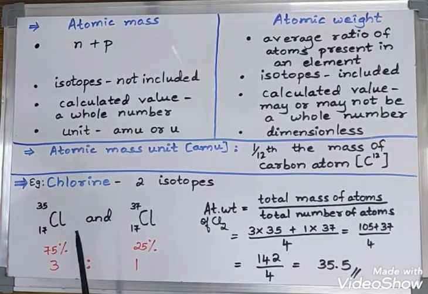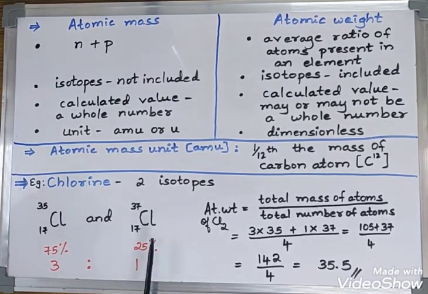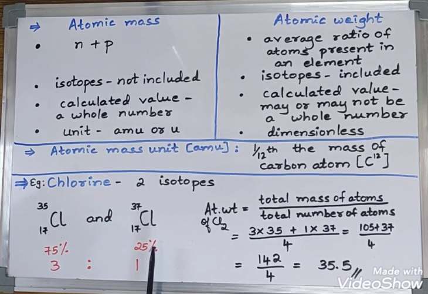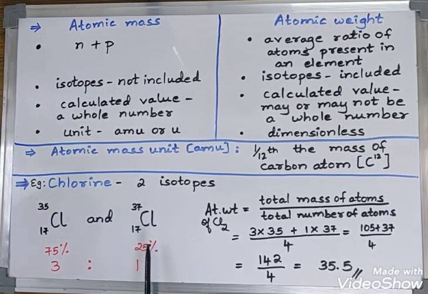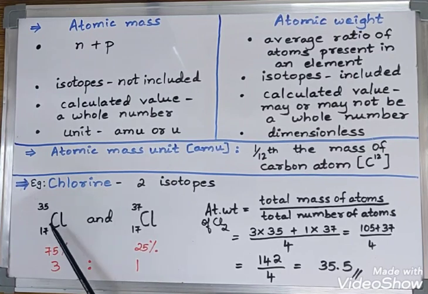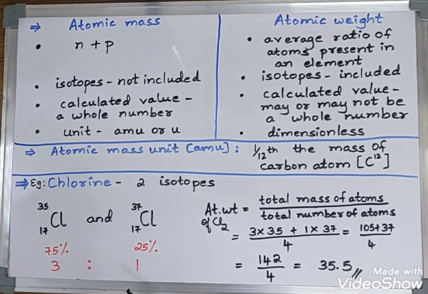One is 35, the other one is 37. Now what we call isotopic abundance. For example, if we take 100 atoms of chlorine, in that 75% is chlorine 35 and 25% is chlorine 37. So let us make it a ratio 3:1.